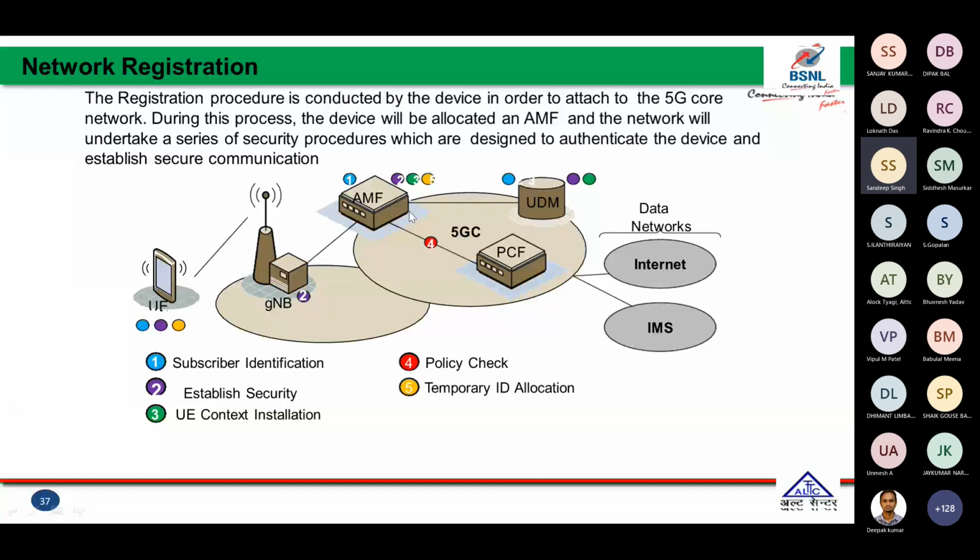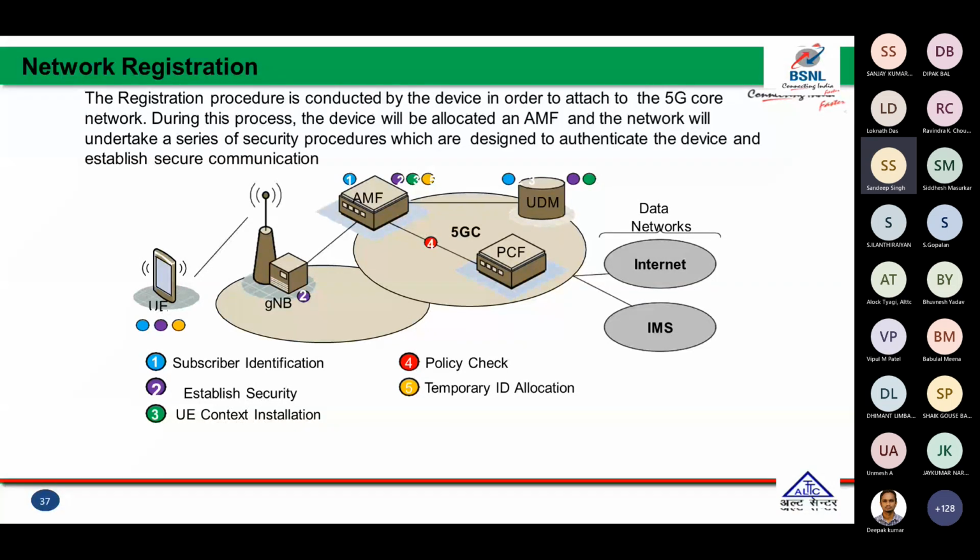Right. So this is the concept, how the AMF registers the UE and stores the registration information in the AMF. They communicate with the UDM for security and authentication purposes. They communicate with the PCF for the policy check, and they send the GUTI in the registration accept message.